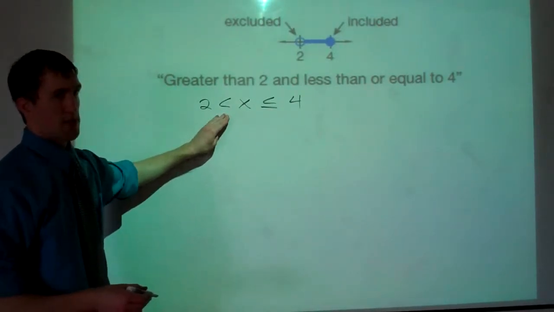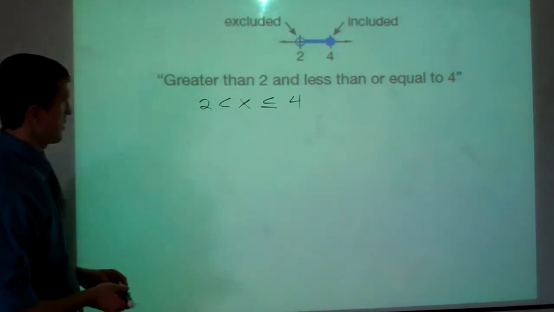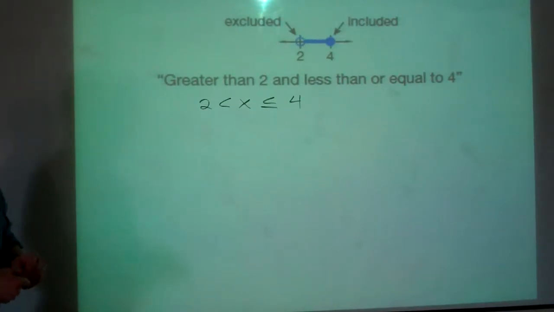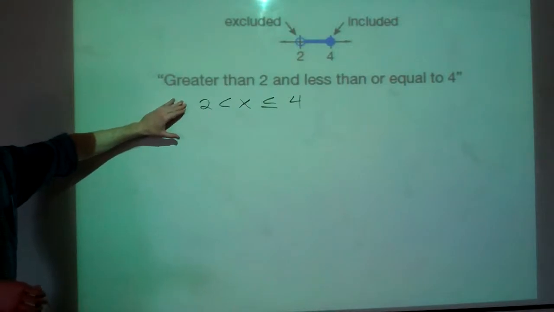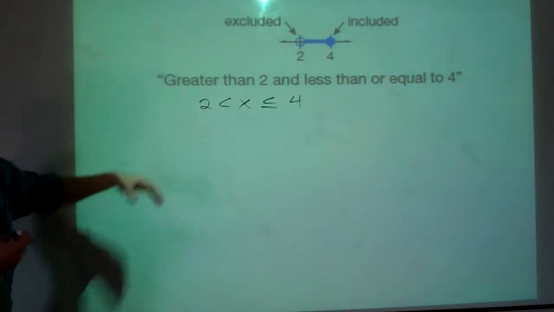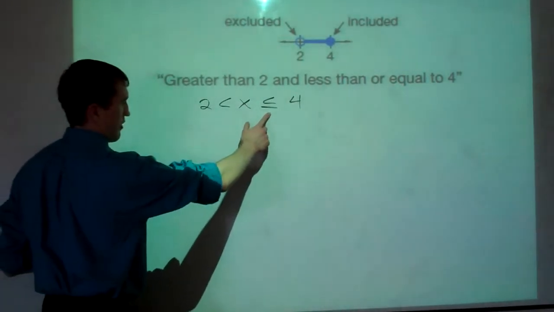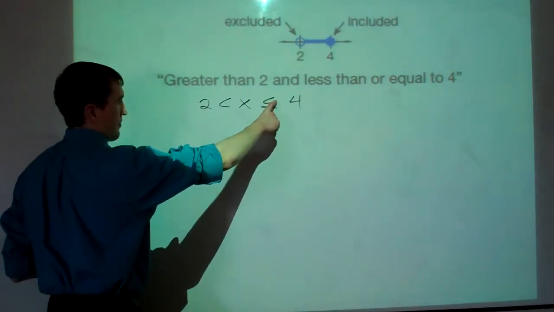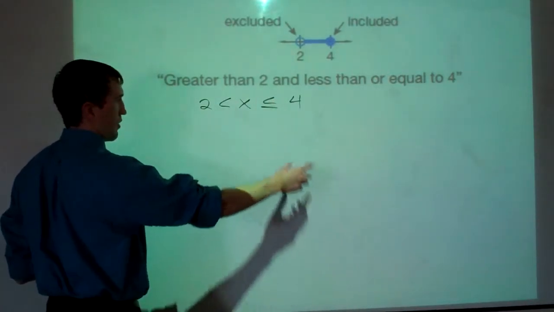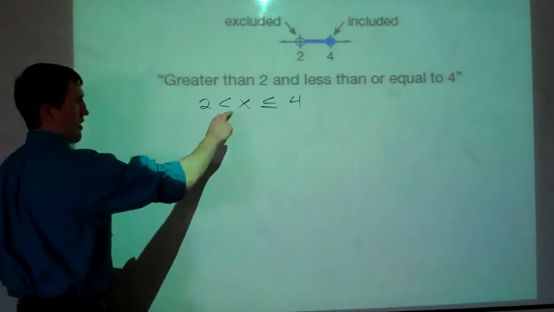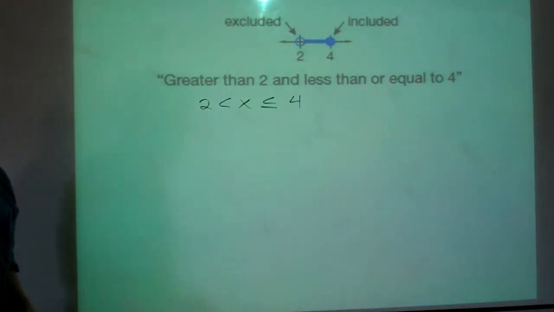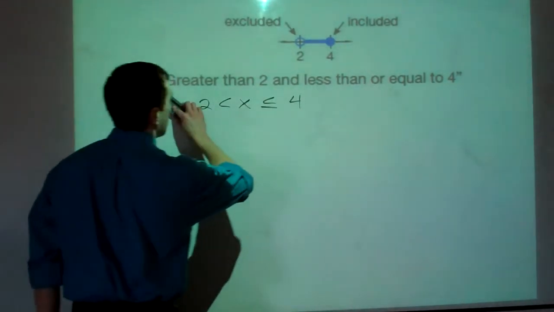This one is just greater than. Okay, not greater than or equal to. Okay, so even with just looking at this, you should be able to tell if you're going to fill in your circle or not. If there's a line underneath your symbol, you're going to include this number. If there's not a line, you would exclude that number.